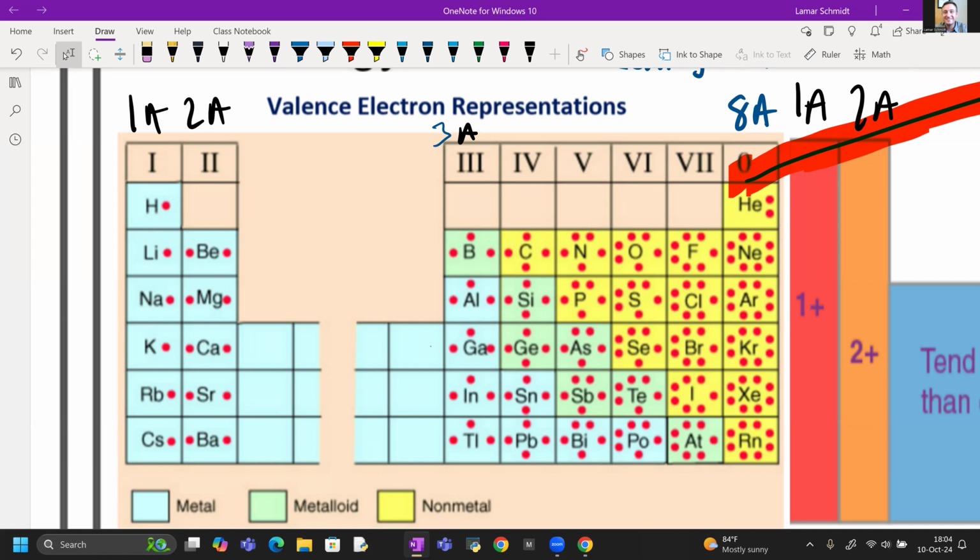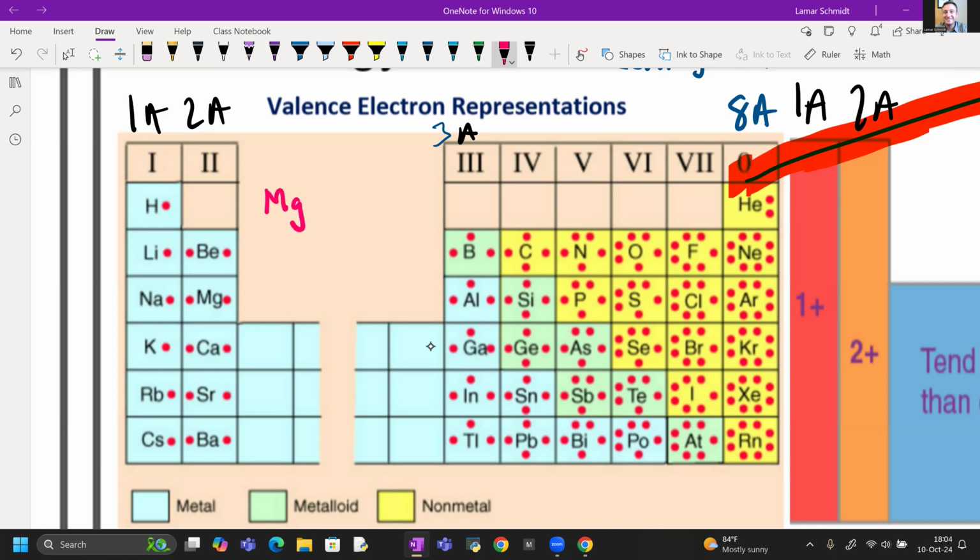So what we notice is that 1 dot would represent 1 valence electron, 2 dots represents 2 valence electrons, 3 dots, 3 valence electrons, and so on and so forth. Other things that we want to notice is how these dot structures are written. So if we go to group 1, and it doesn't matter where we start on drawing dots, they have a single dot.